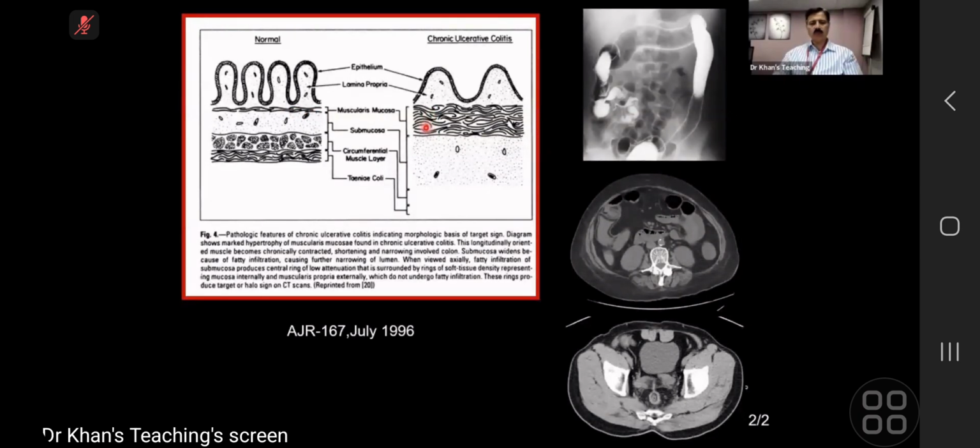With that, in the submucosa, there is deposition of fat. The muscularis mucosa is a longitudinally oriented muscle, so it contracts, the haustra become shortened, and it gives you this kind of lead pipe appearance.